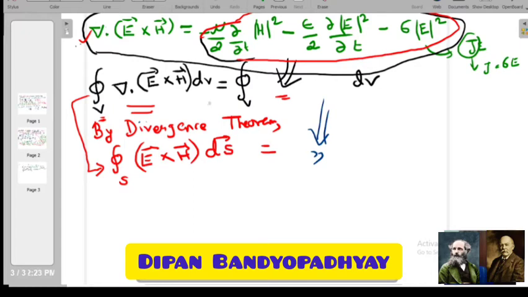Now what you can do here, let me write this. On the right hand side, not the left hand side, I am writing the right hand side now.